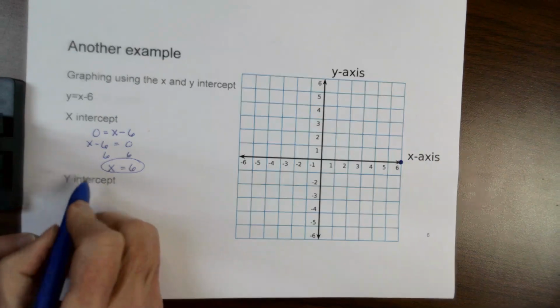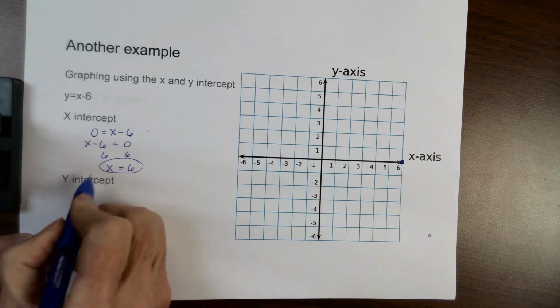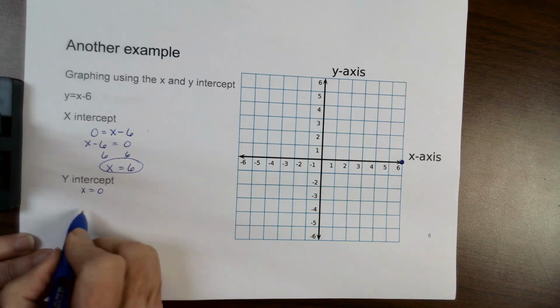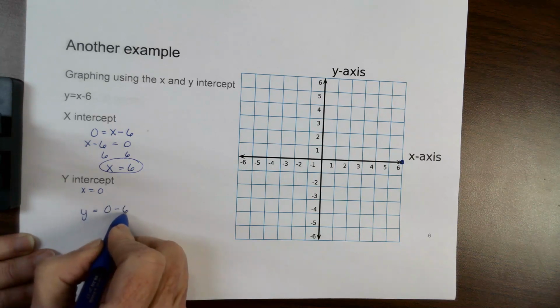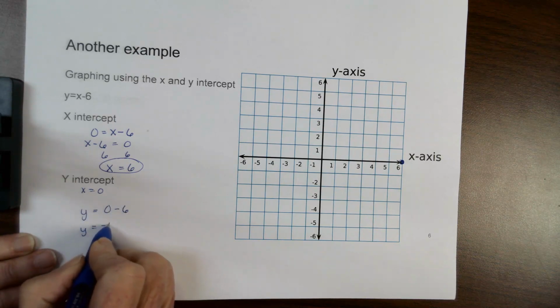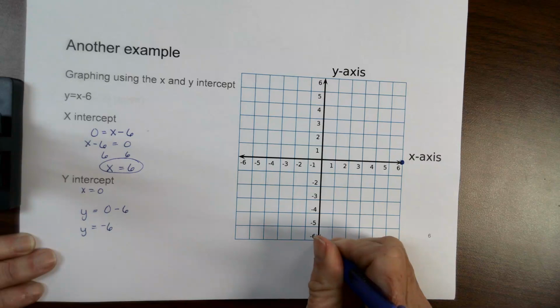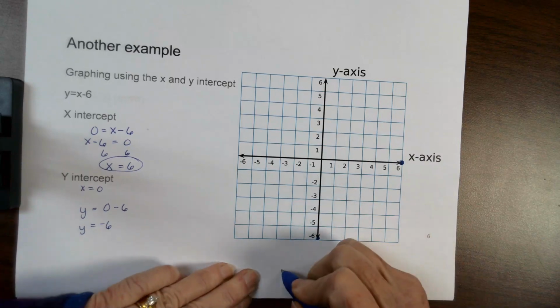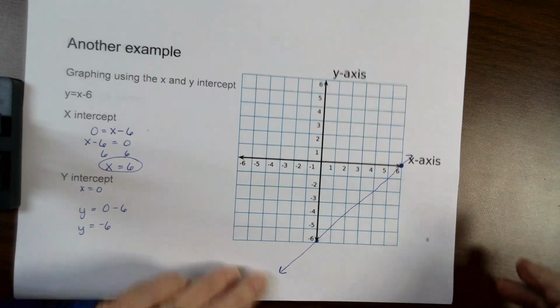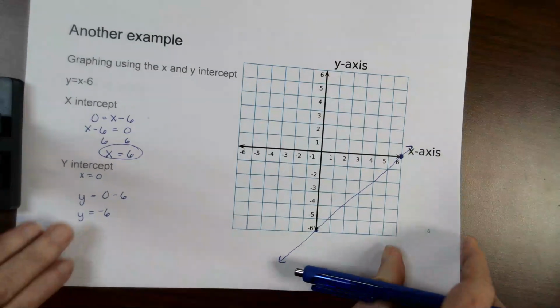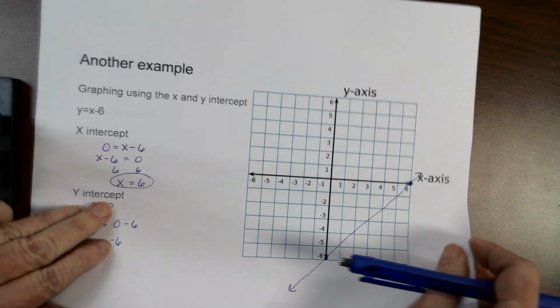And then I'm going to let the x equal 0 for the y-intercept. So y is equal to 0 minus 6, or y equals negative 6. So down here, and so that's that line. It would help to use a ruler. I just don't happen to have one right here.